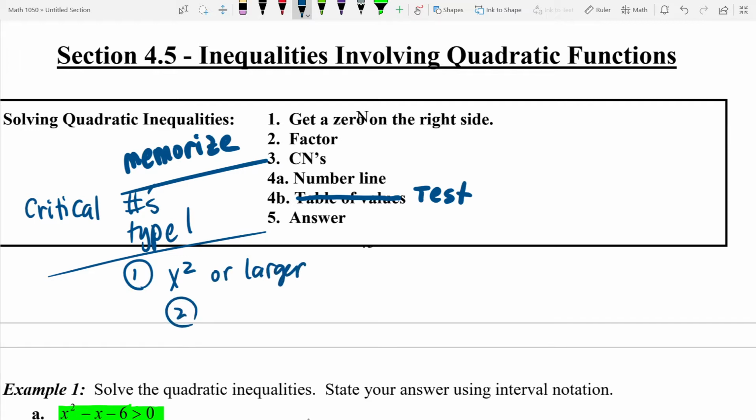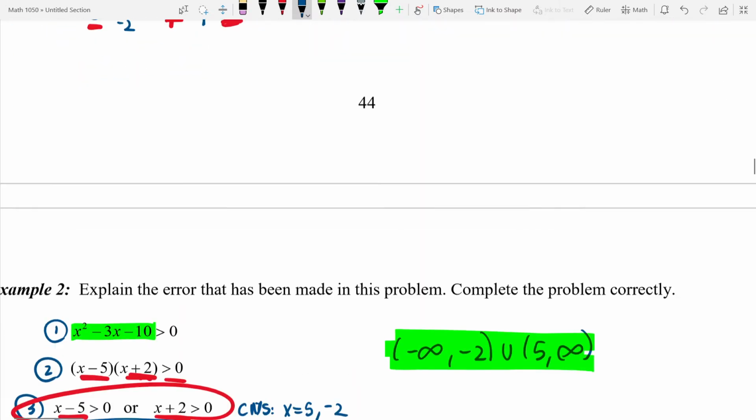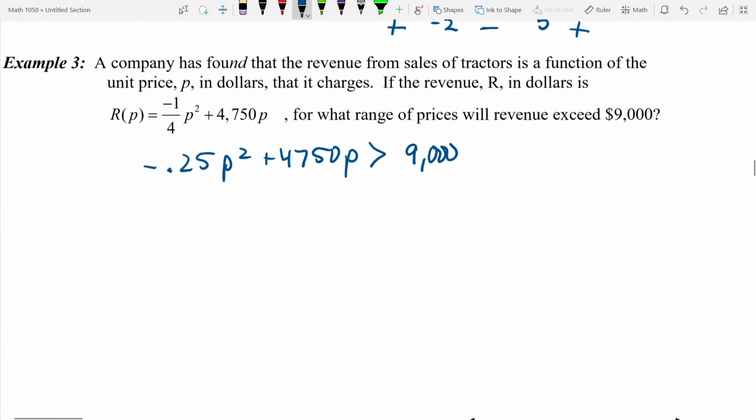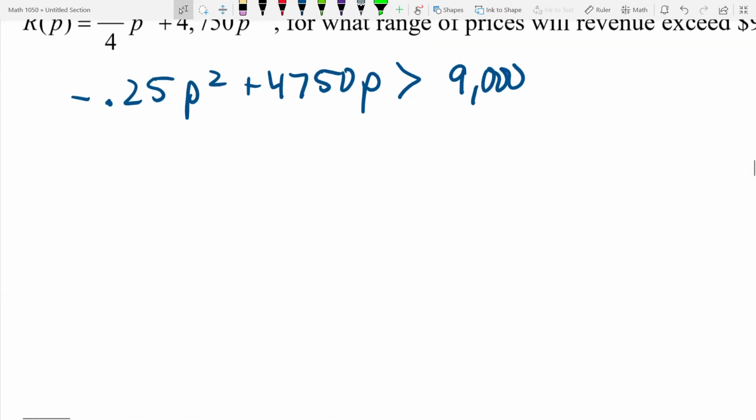The second thing you have to have is an inequality. So if you look at all the problems we just did, they had at least an x squared and there was a greater than less than symbol. Okay? Now, the reason I remembered to do that is because now you look at that and you ask yourself, what kind of a problem is it? It's a critical numbers type 1. We're going to do a type 2 next time. Okay? It's a little tougher.